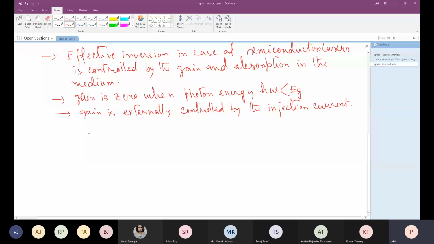If we look at the gain curve, this side is energy. This corresponds to Eg of gallium arsenide, 1.424 electron volt.